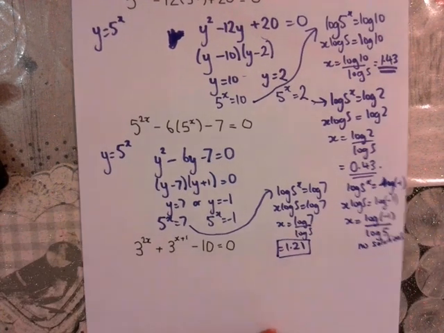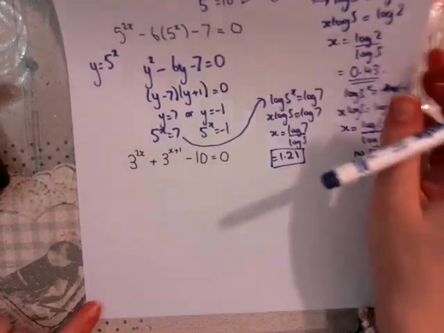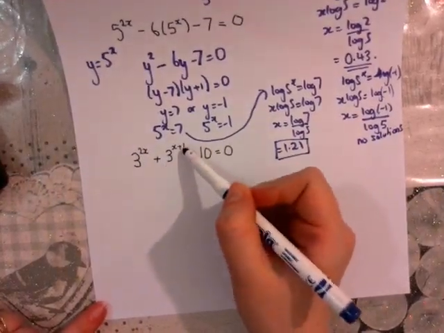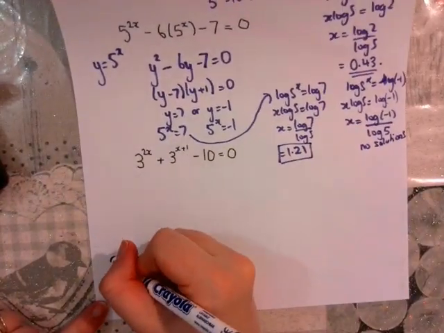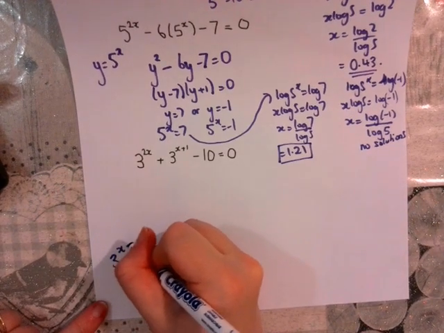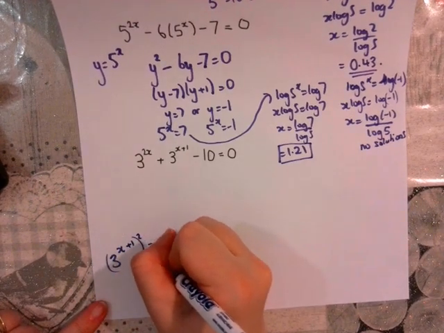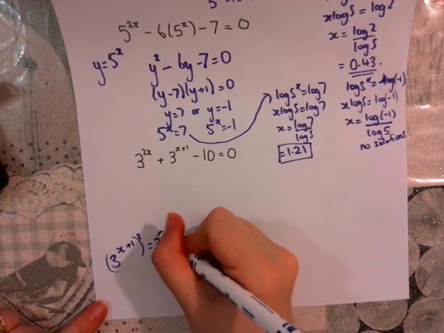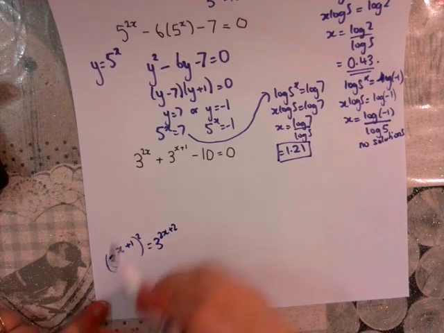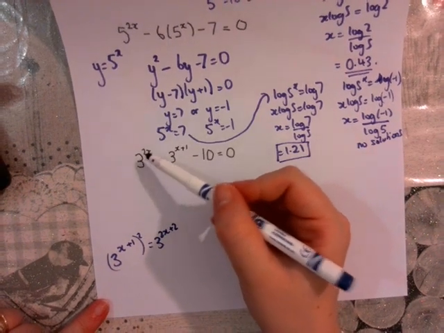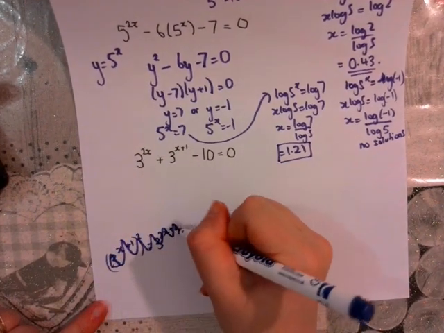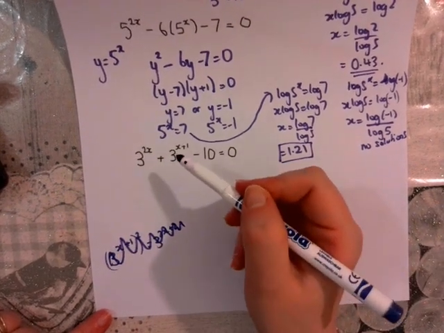Right, the last one is slightly more complicated in that if I squared 3 to the power of x plus 1, that would give me 3 to the power of 2x plus 2, which is different to what I've got here. So what you're going to have to do with this one is maybe try writing it in a different way.